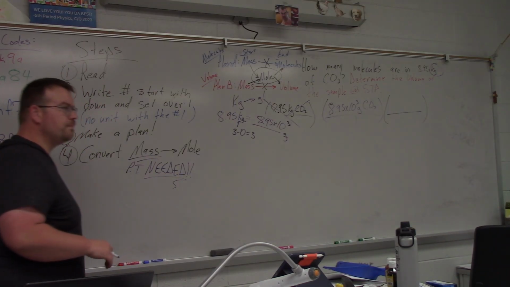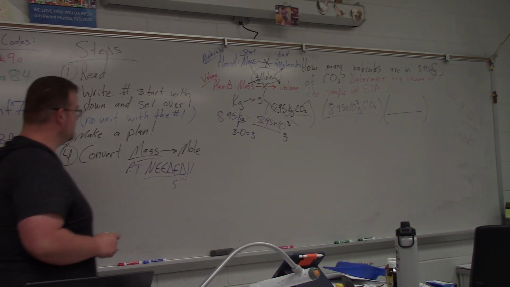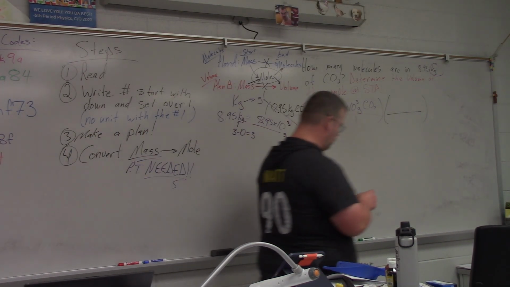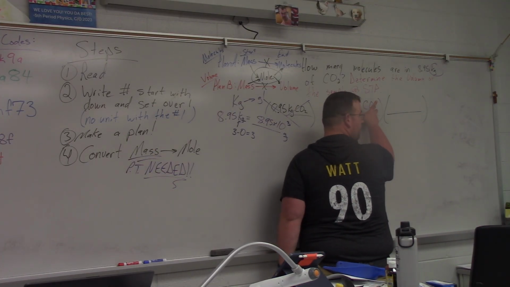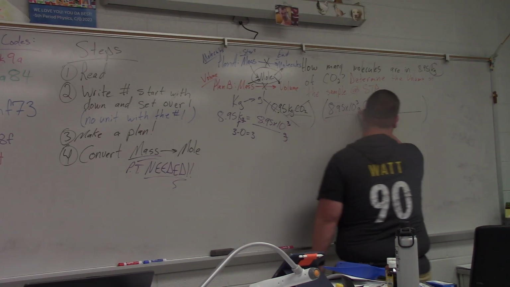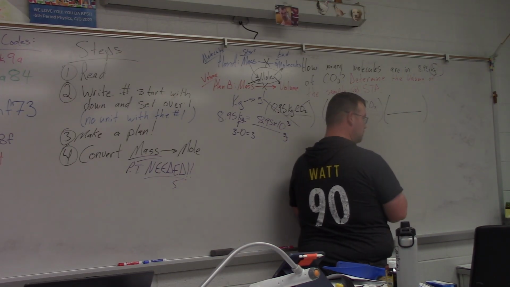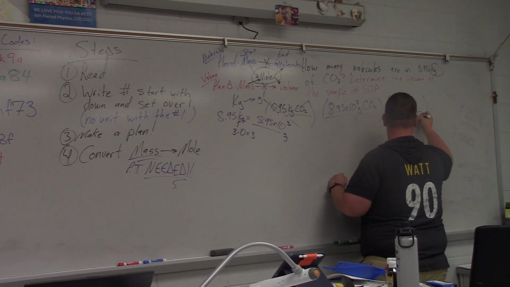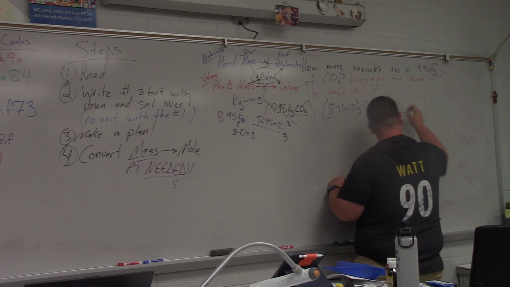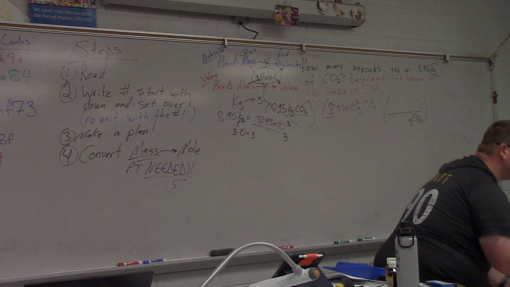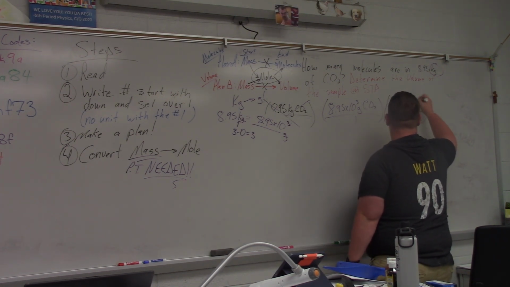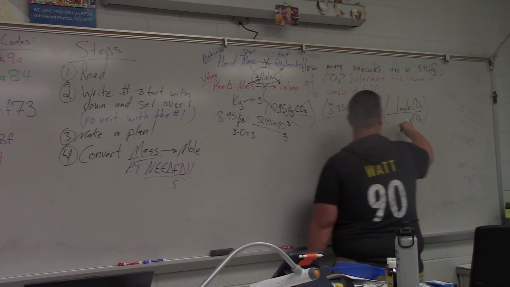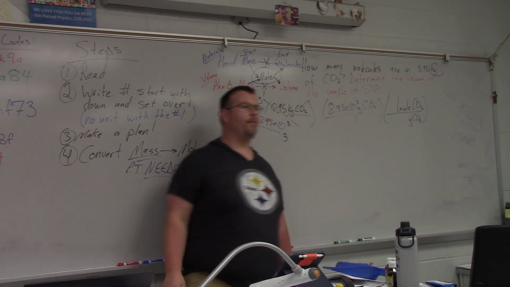You got me? So now we set this up. We're going to convert from the mass to mole. What do we got to do? You see this unit? That's where I'm at. I'm leaving it. Yes? We take that and go here. Where am I going goes on the top, and that is mole. 1 mole. So we got to figure out the number that goes there with the grams of carbon dioxide.